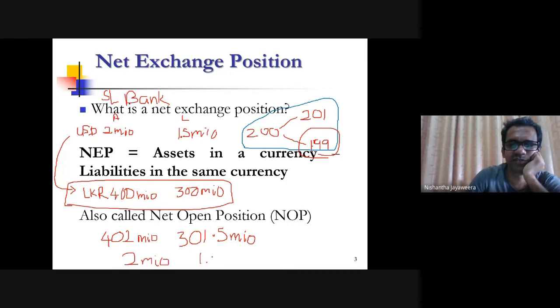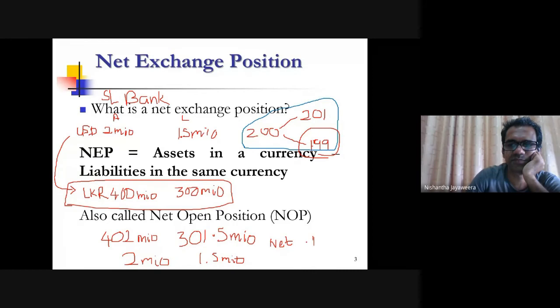Here it's only 1.5 million. So what is the net change? Plus 0.5 million. Is it a gain or loss?